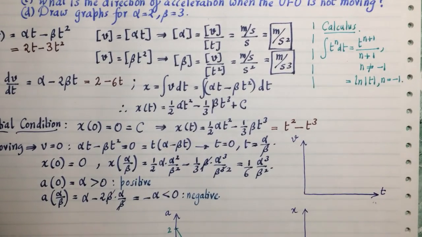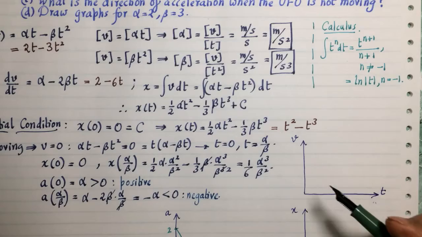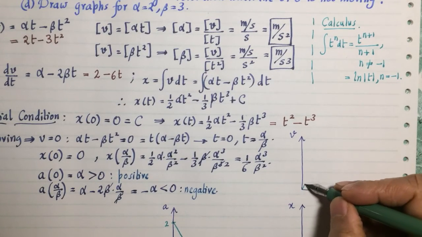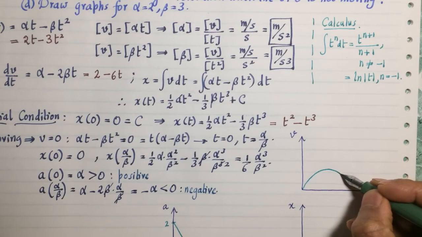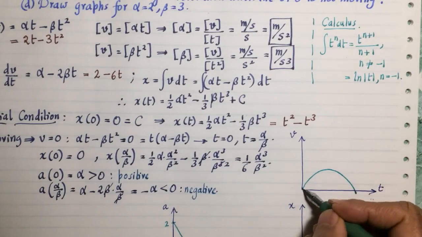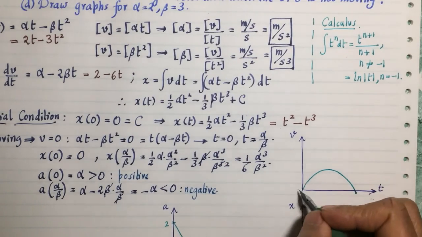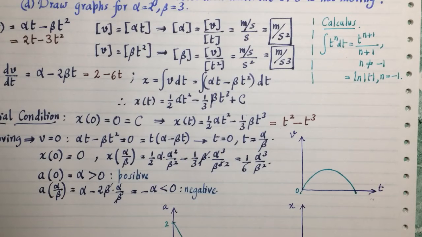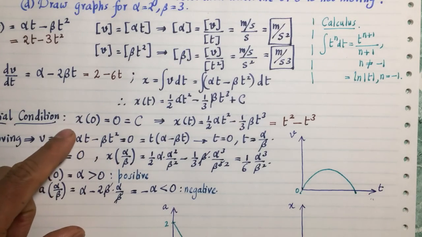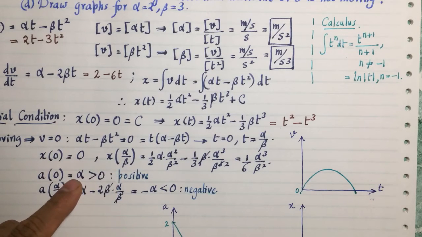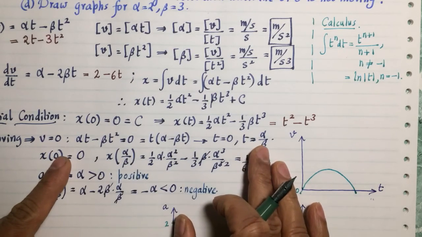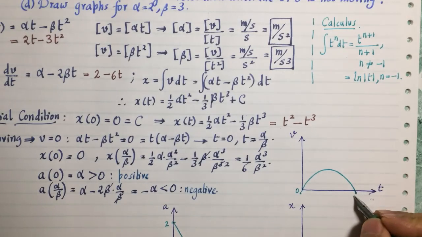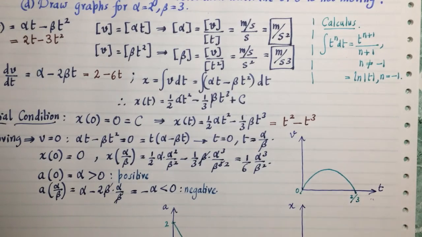You can graph that. I'm going to get something like this. It's an upward parabola which intersects the t-axis at t equal to 0, and the other value is when t equals alpha by beta, because that's the second value where the speed is 0, and alpha by beta is 2/3, so t equals 2/3 is this value, and at those two values the velocity is equal to 0.